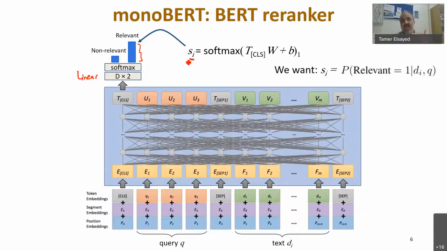Then for each document, we pass it with the query to BERT to get finally this score. We score all of these documents and rank or re-rank the documents based on that. Is that clear?